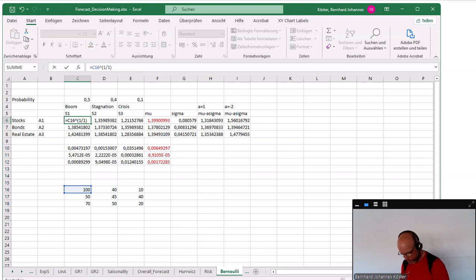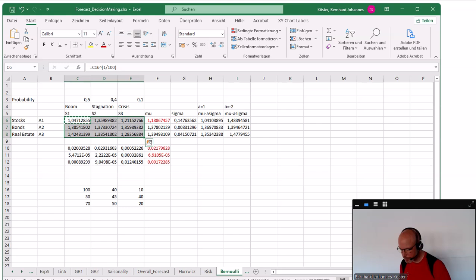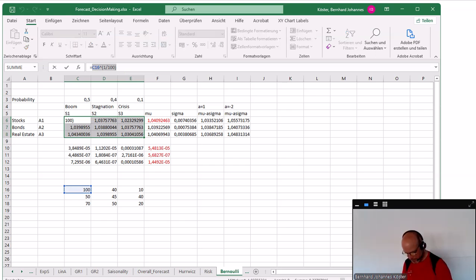Let's see. No, unfortunately this is due to the numbers, the discrepancy. I think it doesn't even work with 1,000. Let's see if the log function works. Do I have numbers smaller than 1?